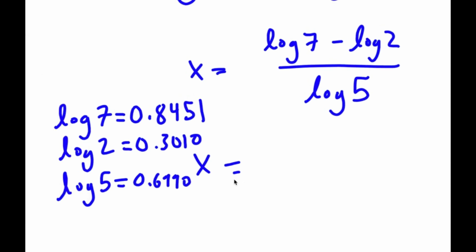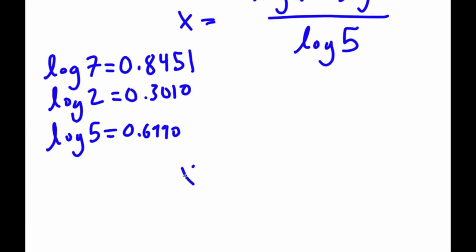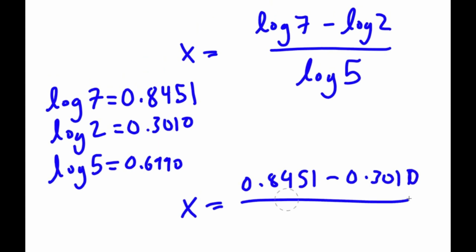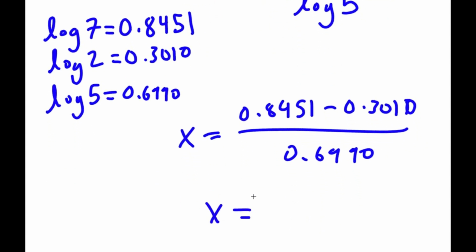So now I'm going to have x is equal to log 7 minus log 2, so 0.8451 minus 0.3010 all over 0.6990, meaning x is equal to 0.5441.